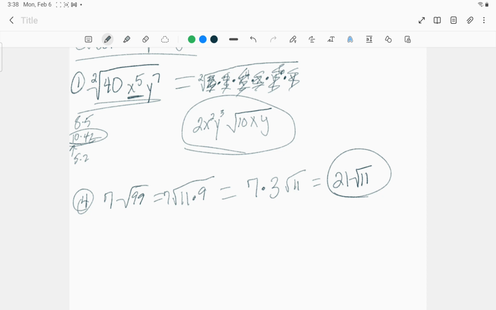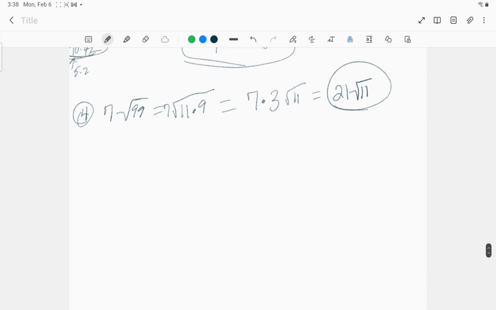All right, so number 5. Remember, we want to get rid of the radical in the denominator. So you're going to do whatever you can to get rid of your radical in the denominator. So number 5 is pretty simple. You have the square root of 18 over the square root of 25.